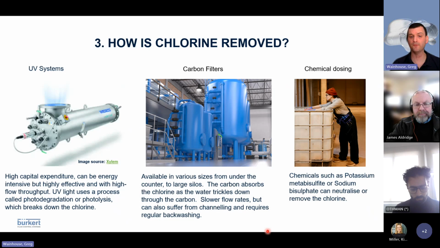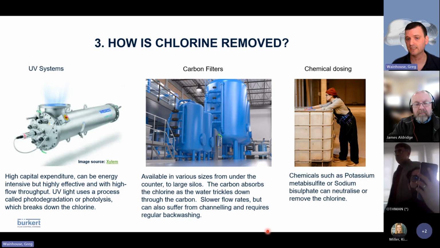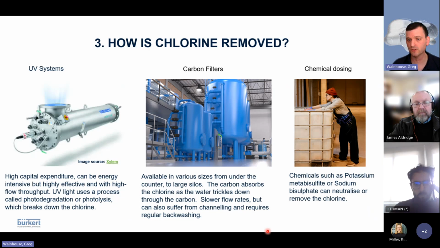Now the way to get around that is to backwash the carbon, which alters the structure of the carbon, removes those channels, and then the carbon starts to absorb the chlorine again. And then the other way that we see chlorine removed is through chemical dosing processes, such as potassium metabisulfite and sodium bisulfite, which neutralize or remove the chlorine from the process as well.